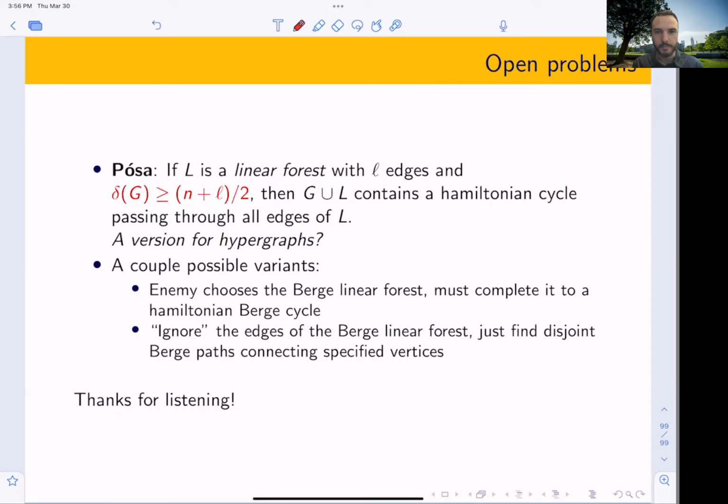Other questions? Maybe I can ask one. You're explaining how it's hard to even come up with a good extension of Ore's theorem because it's hard to say what degree condition you want. I'm wondering if a similar thing happened with your definition of two-connectivity for hypergraphs. Are there other natural definitions of connectivity?